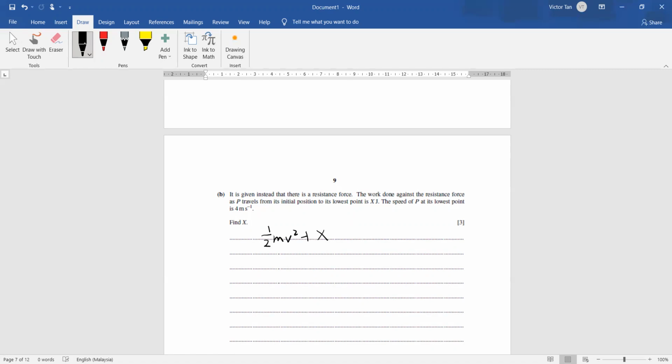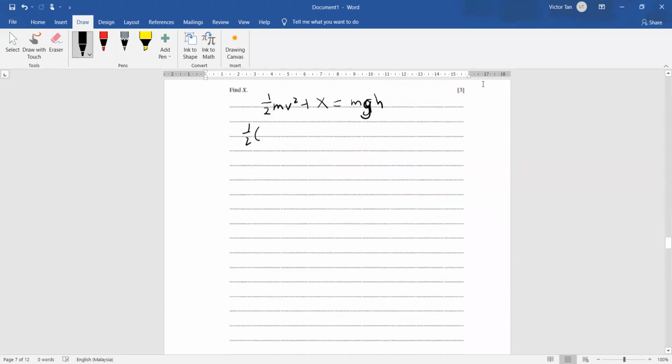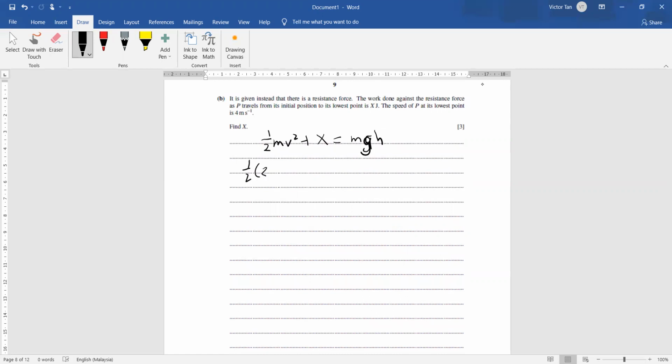Work done against friction is always a gain. mgh, now you have to use the mass, which is 35 kilograms. Half times 35 times speed 4 squared plus x equals 35 times 10 times h, and the h is 4 minus 4 cos 45.